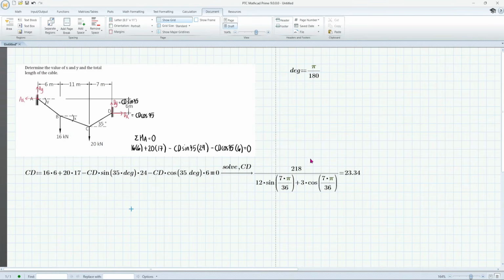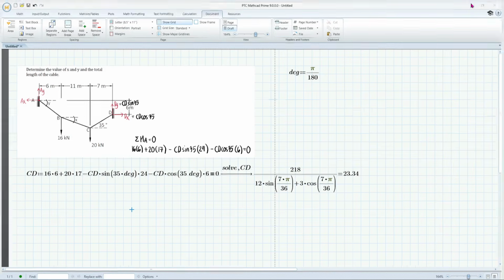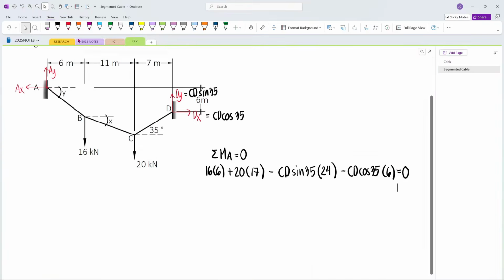So, once alam na natin yung CD, we can use equilibrium equations at joint C to solve the value of angle X. So, tingnan natin. At joint C, we have this free body diagram. 20 kN yan. Joint C, then this is BC.